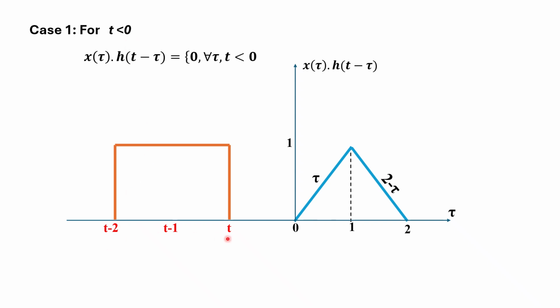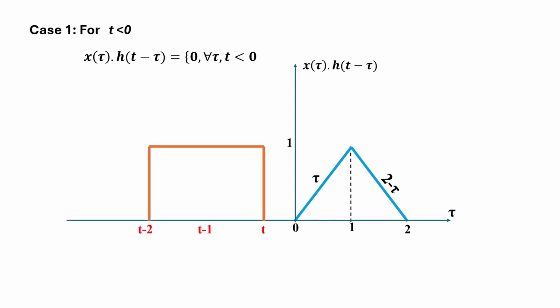So when t is less than 0, the h of t minus tau signal lies in this region, and when we vary the value of t from minus infinity, the product is 0. That is, the signal h of t minus tau and x of tau do not overlap with each other, hence the product is 0.